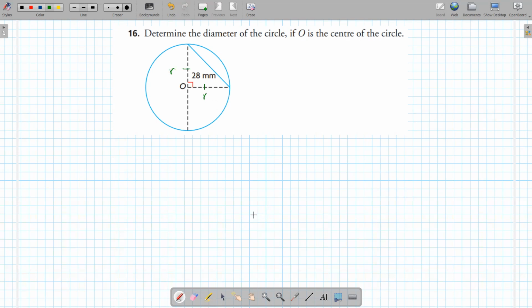Now think about it. In an isosceles right angle triangle, this is 90. Since this side and this side are equal, this angle and this angle have to be equal, right? So if this is theta, this is theta. 90 plus 2 theta must be 180 because the angles in a triangle always add up to 180.